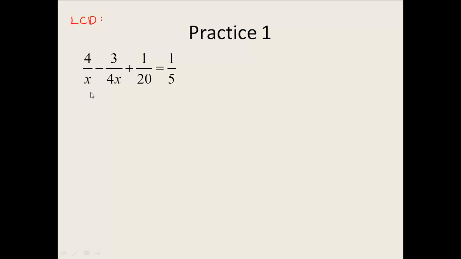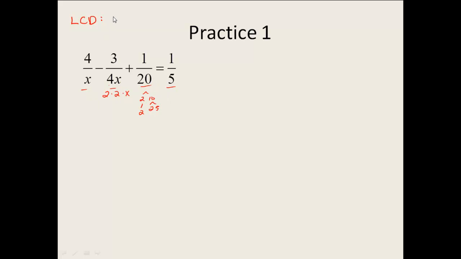So I need to go through and factor each one of these items. Well, x is just going to factor into an x. The 4x will be 2 times 2 times x. The 20 would factor into a 2 and a 10, and then a 2 and a 5. And then the 5 is just going to be a 5.